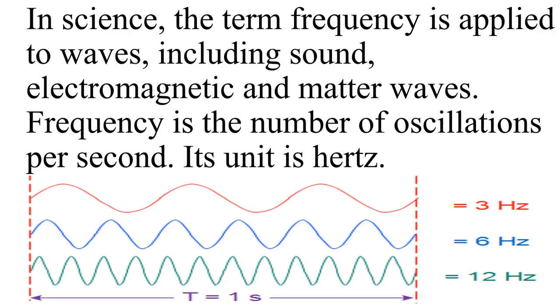Capital H and small z is the symbolic representation of the unit. The blue wave has 6 oscillations per second, whereas the green wave has 12 oscillations per second.